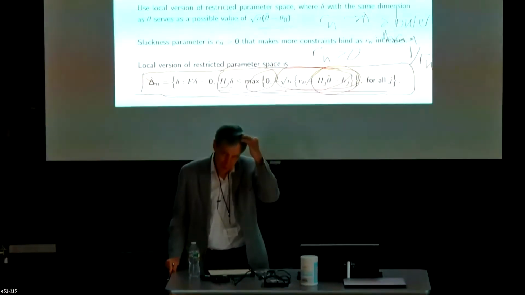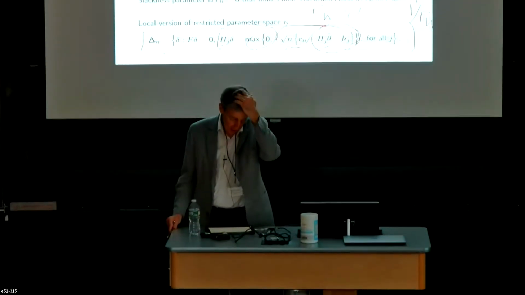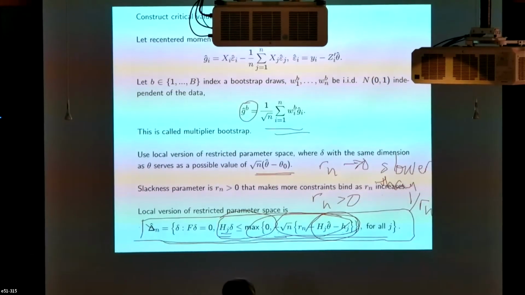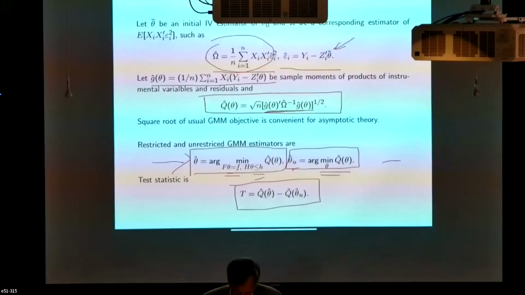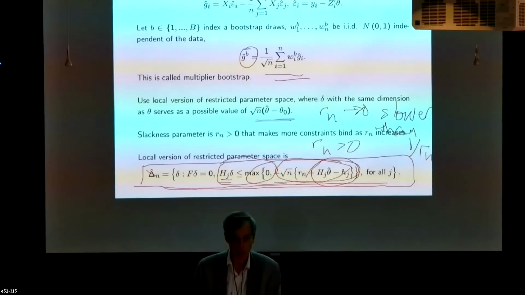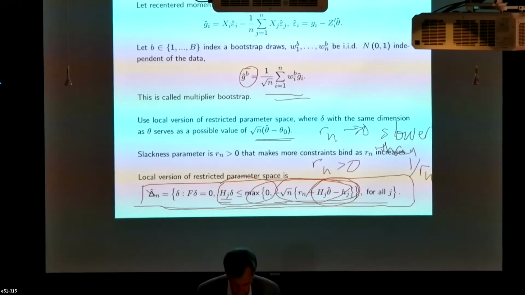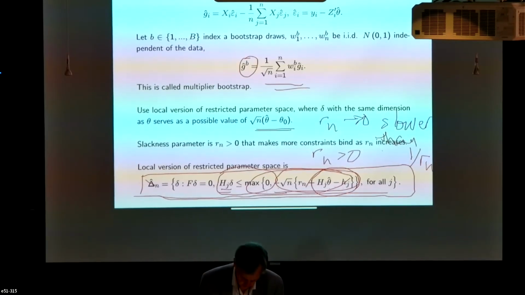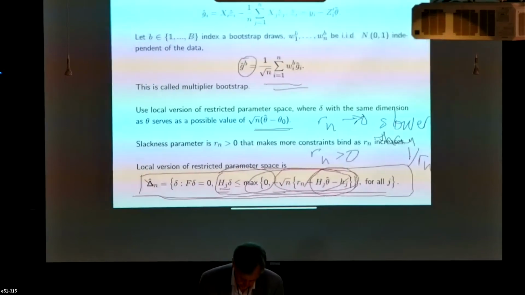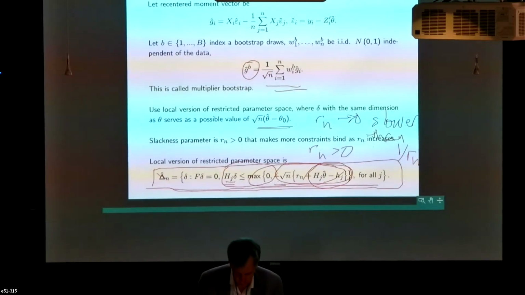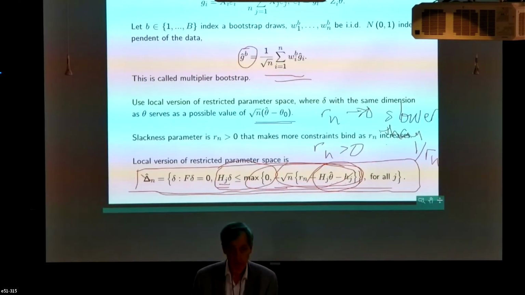Now I'm just going to describe what we just did, how to construct a critical value using the bootstrap. So then you get this G_i hat. All it is is a sample version of the true moments. Notice that what we've done here is we have normalized this, so the sample moments of this thing are 0.